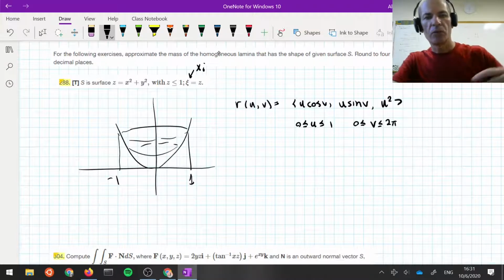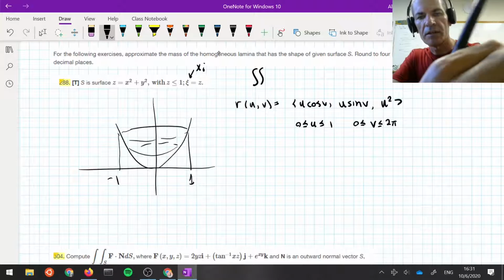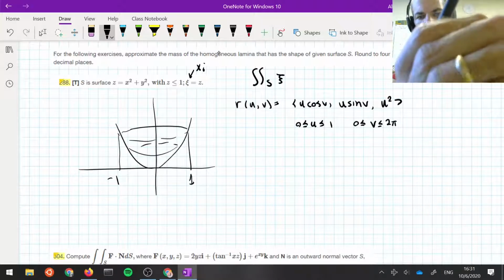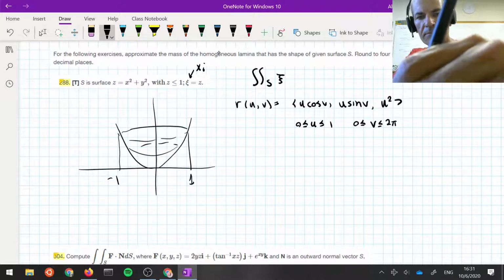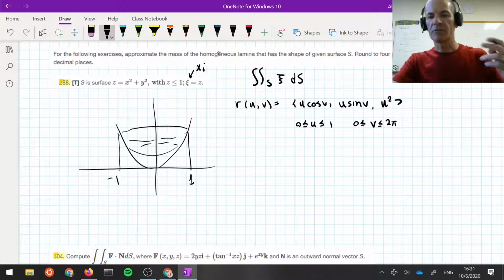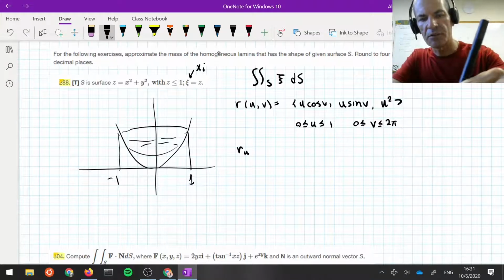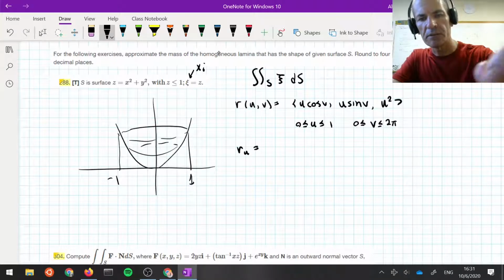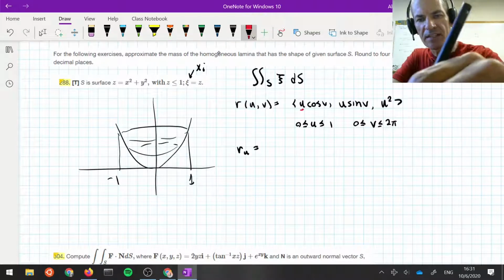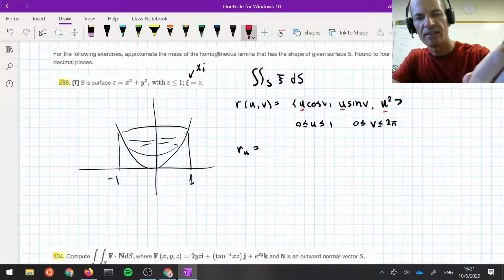Same thing. We want to compute the integral over the surface of xi ds, like that. All right, so let's do it. Let's do r sub u. Let's again remind everybody where the u's are. They are sitting here, here, and here.